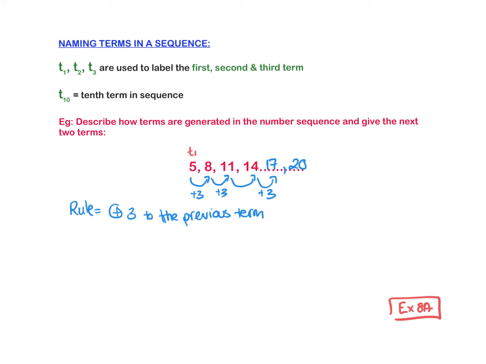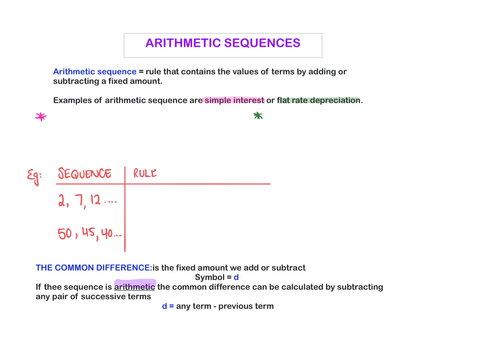Nice and easy, that's all we're doing today. So today we're going to talk about arithmetic sequences. A sequence is a set of numbers, and arithmetic means that the rule is either adding or subtracting the same amount.